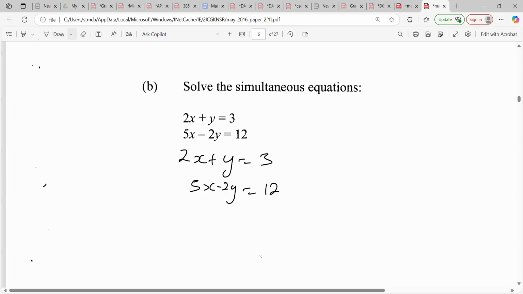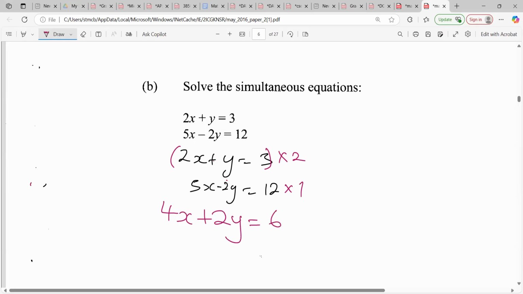So we're going to multiply equation 1 by the coefficient of y in equation 2. So we multiply this one by 2 and this one by 1. When I'm finished multiplying, both of them are going to have 2y. So you know you have to put a big bracket, right? 2 times 2x is 4x, 2 times y is 2y, 2 times 3 is 6.